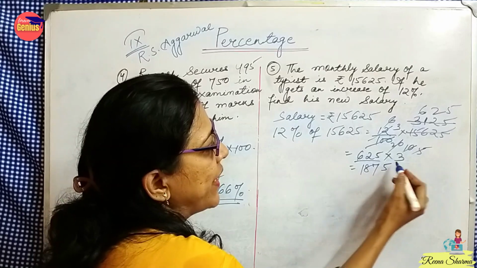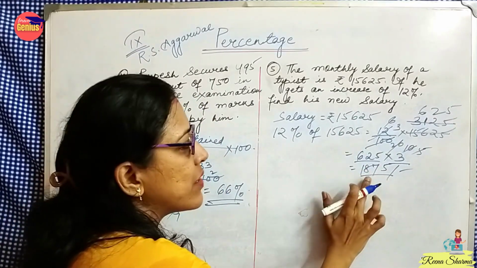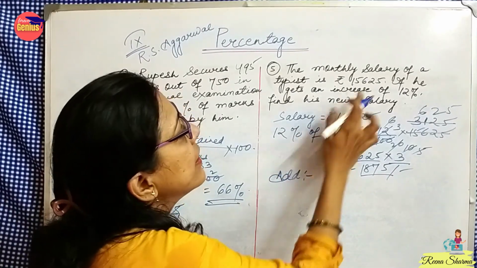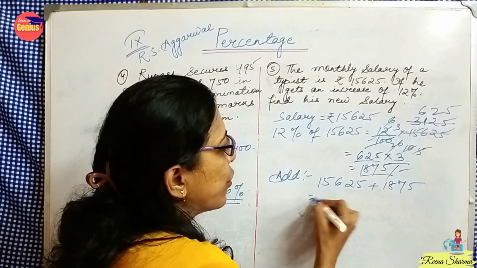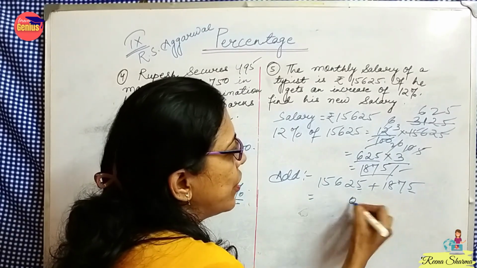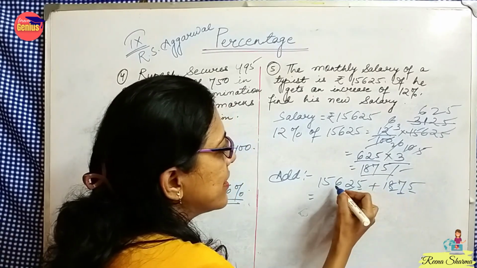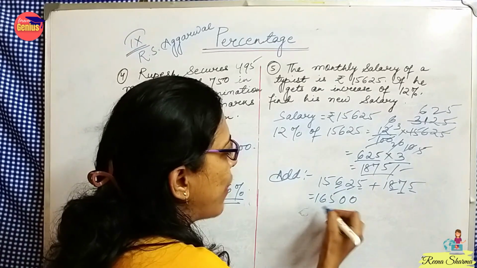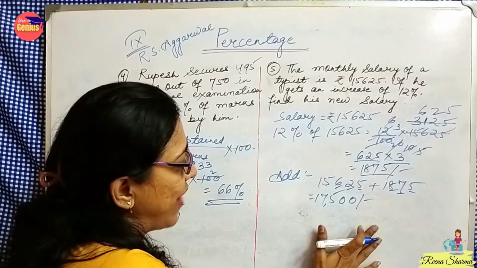So now 625 into 3, this is equal to 1875. So 12% of this is 1875. Now I will add it with this. So the new salary will be 15,625 plus 1875, which is equal to 17,500.